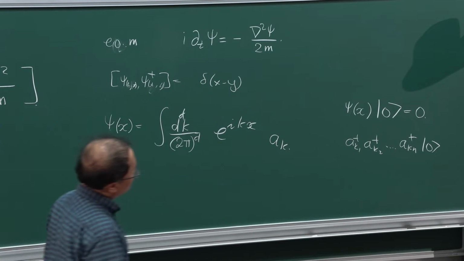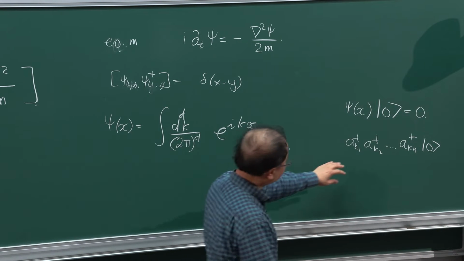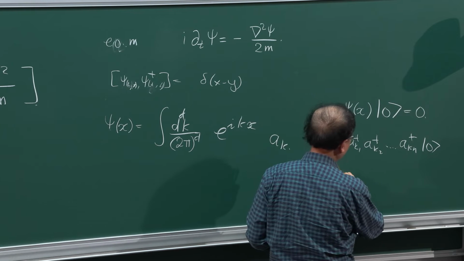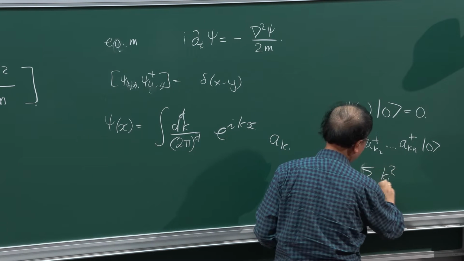And depending on whether we deal with bosonic or fermionic particles, we may have to symmetrize or anti-symmetrize this state. And then the energy of this state is simply the sum of k_i squared over 2m.